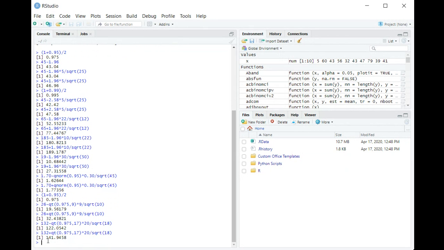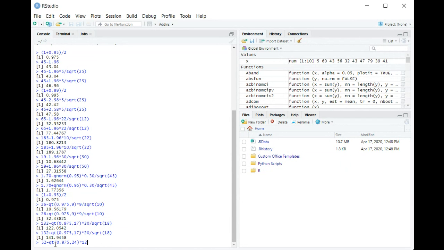And the last one, x bar is 52. 52 minus 0.975 again. And the n here is 25, so it'd be 24 times the standard deviation, which is 12 in this case.